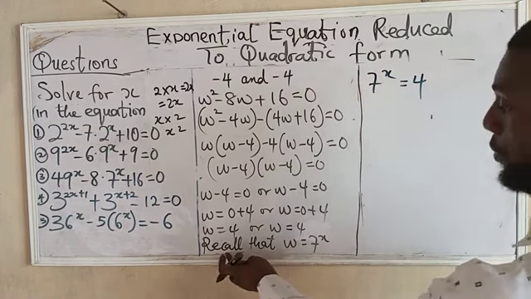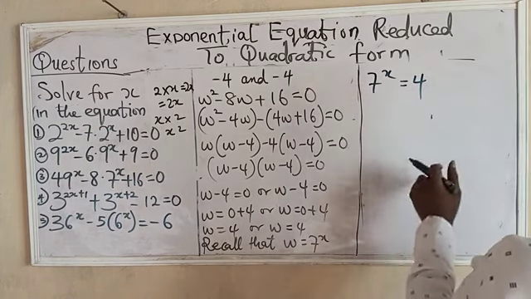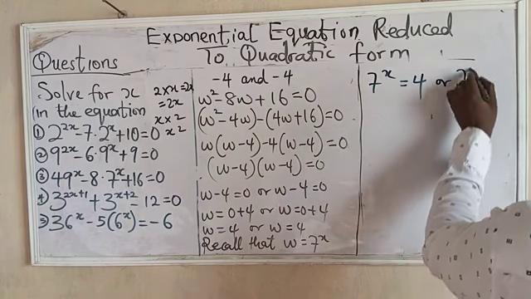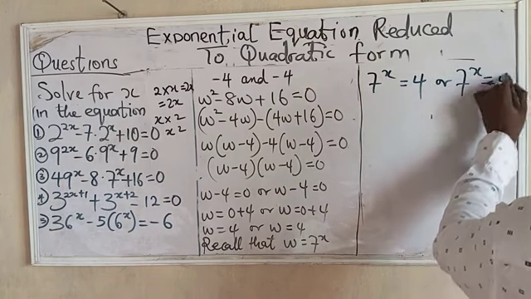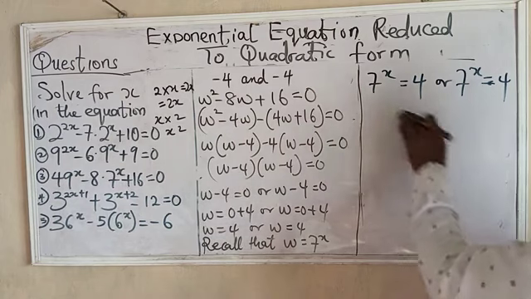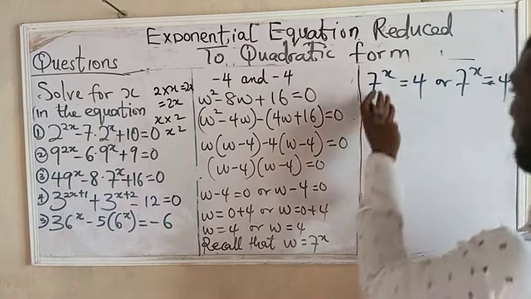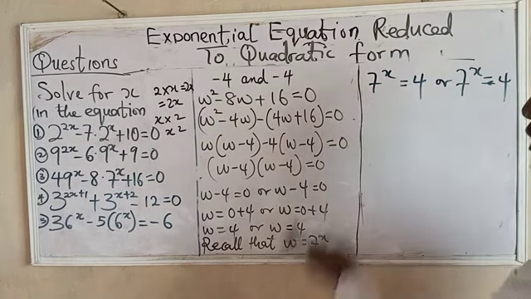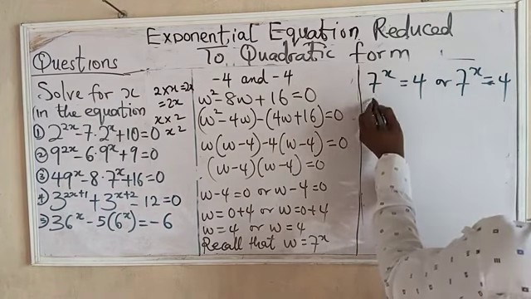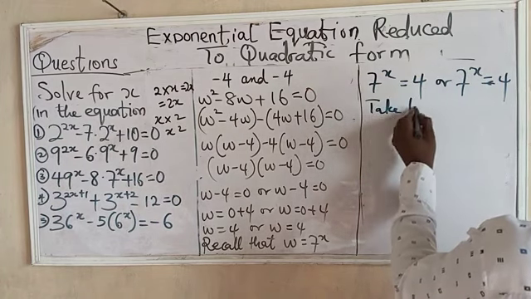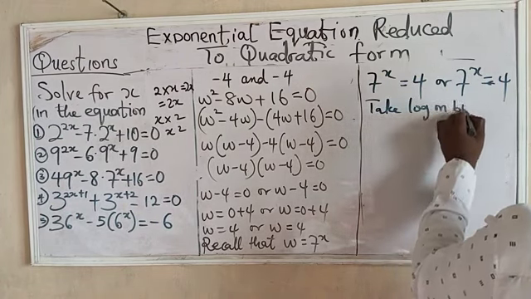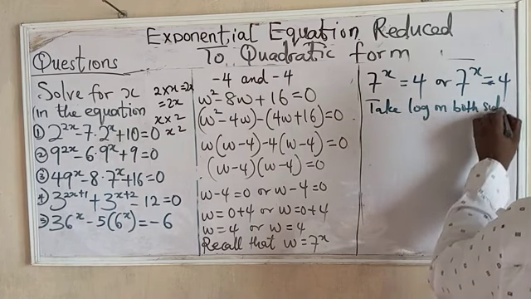Now, recall that w equals 7 raised to power x, or 7 raised to power x equals 4. So now we have come across two different bases here. So what we need to do is to take log on both sides.